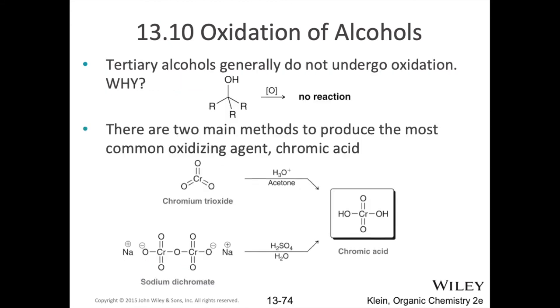By the way, you might not see chromic acid listed as a reagent. You might see chromium 6 oxide or sodium dichromate and sulfuric acid as your reagents. So watch out for that. But just know that in general, your chromium is going to be an oxidizing agent here.